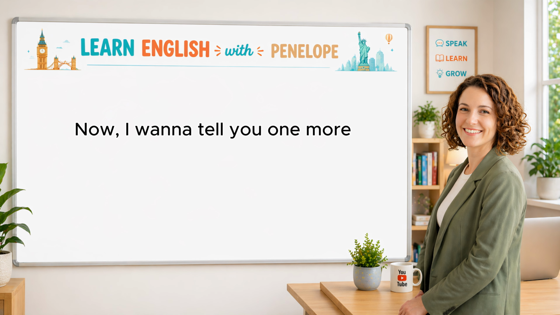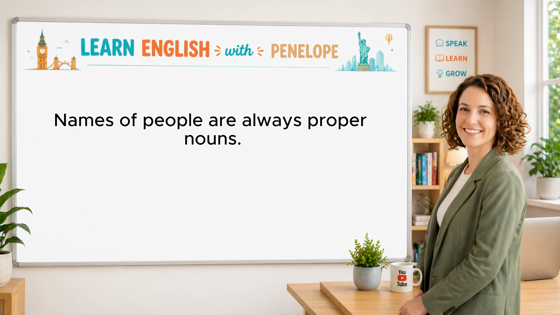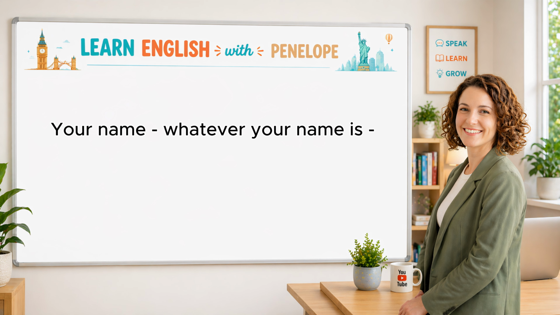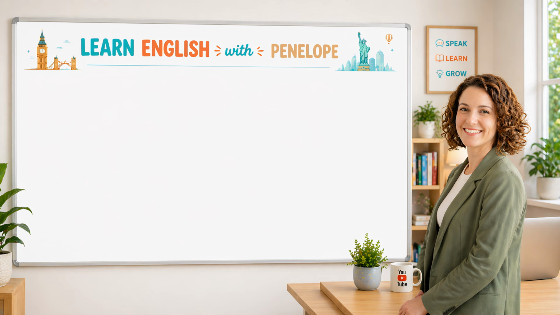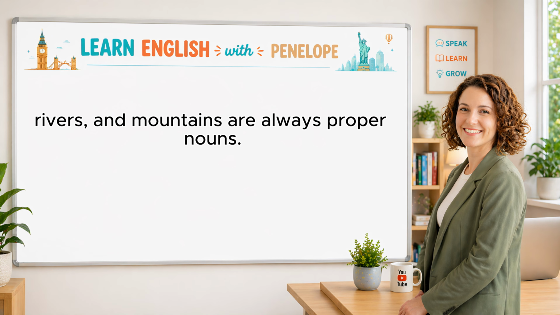Now, I want to tell you one more very important thing about proper nouns. Names of people are always proper nouns. Your name, whatever your name is, it is a proper noun. It always starts with a capital letter. Names of countries, cities, towns, and villages are always proper nouns. Names of oceans, rivers, and mountains are always proper nouns.